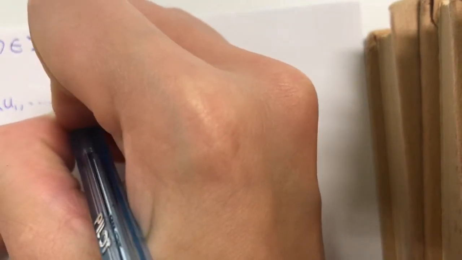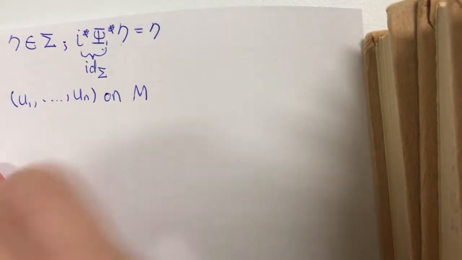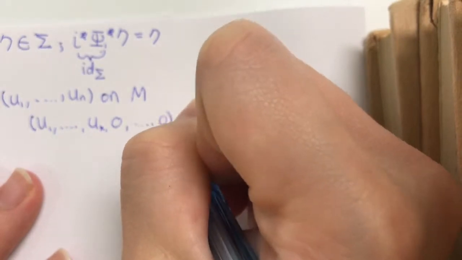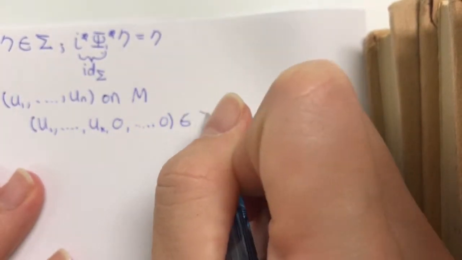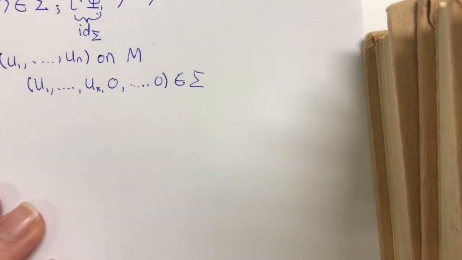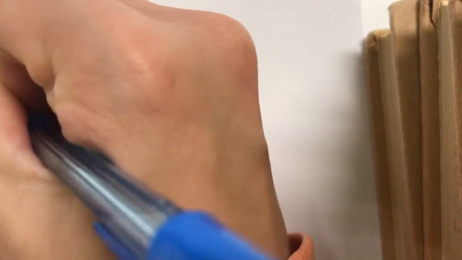So we first have a set of local coordinates on M, such that we can define a set of local coordinate systems on sigma by using the immersion theorem. Okay, so now we compute the following.